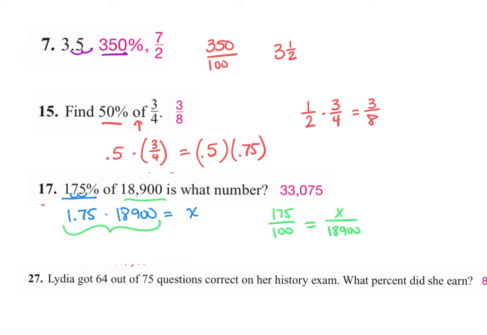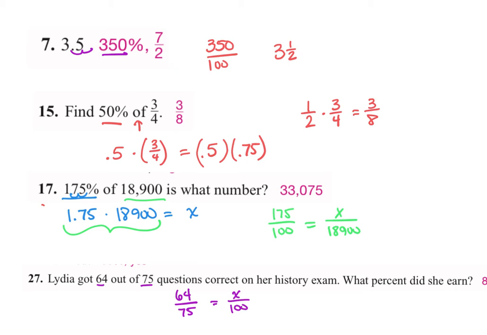All right. The next one says Lydia got 64 out of 75 questions correct on her history exam. What percent did she earn? That's really just 64 out of 75, right? Equals what out of 100?